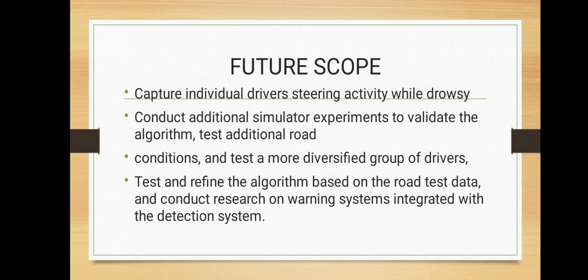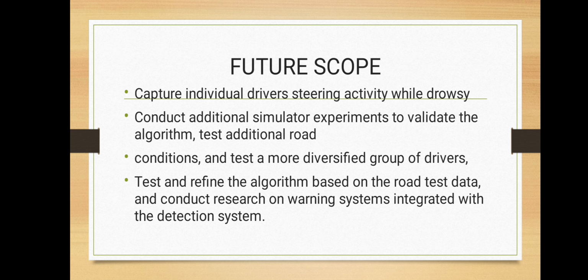The future scope of drowsiness detection system could be, so this technology is still in the very early research stage of development. Based on the work completed thus far, all these following modifications can be implemented in the future.